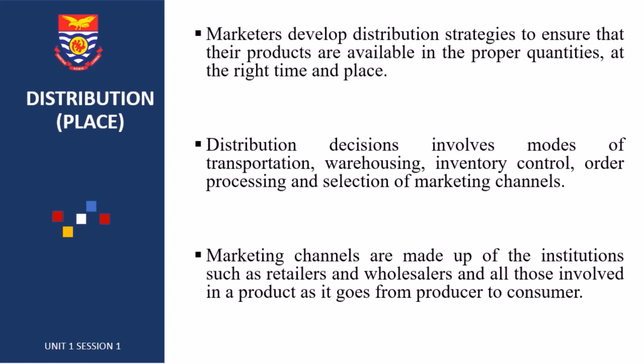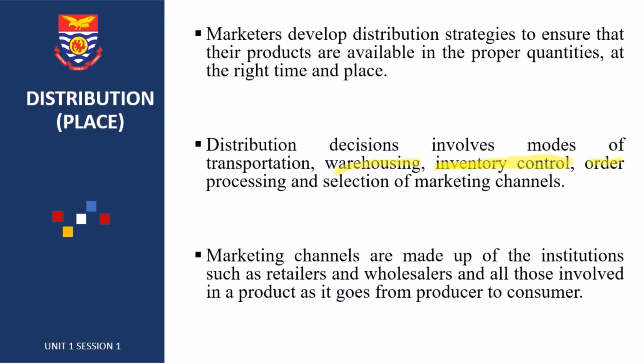When you take place or distribution, for instance, it actually talks about moving the product from the manufacturer to the final consumer. It talks about storing the goods, that is the warehousing. It talks about inventory control, as you keep taking inventory consistently to know how many of the products you have, how many have been sold.